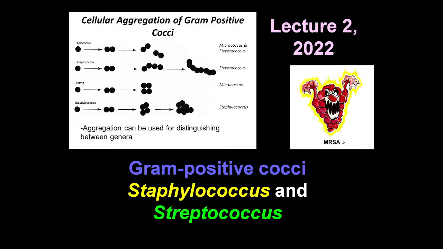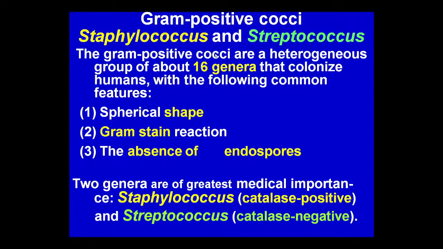Okay, and of course, out of all gram-positive cocci, we will pay more attention to Staphylococcus. Cocci are quite heterogeneous, and this group consists of more than 16 genera, and cocci have common features. Of course, they are spherical in shape and they are quite small.